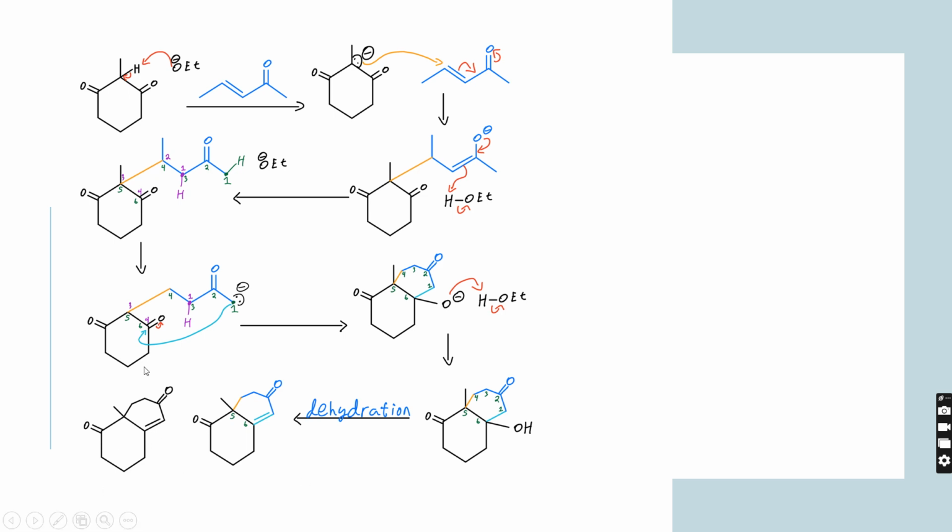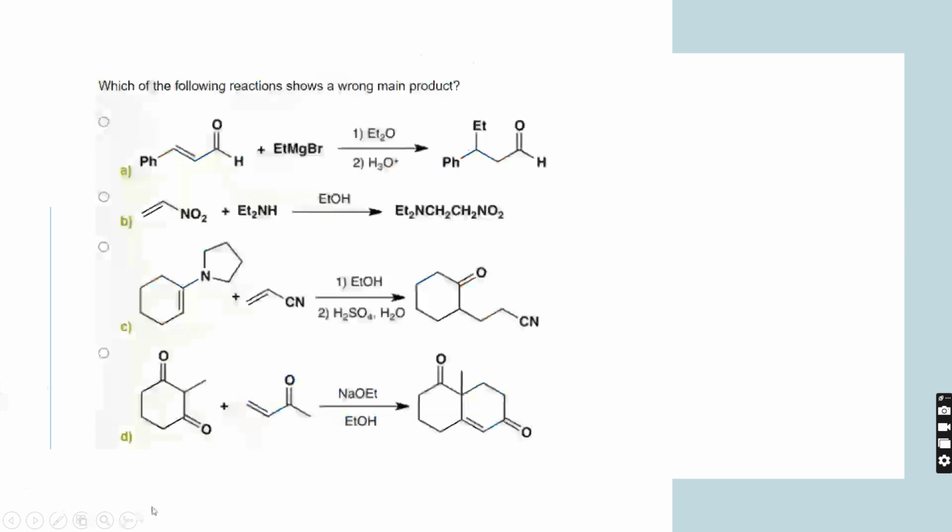Of course, this six-membered ring is not drawn properly, but this product you are going to get, which is exactly the same as this product here. After hydrolysis, you are going to get this alpha beta unsaturated ketone formed here, and this diketone product you are going to get as the final product for the question.